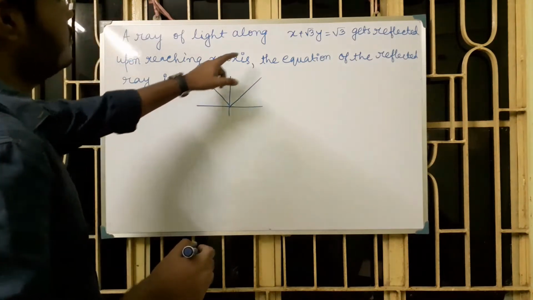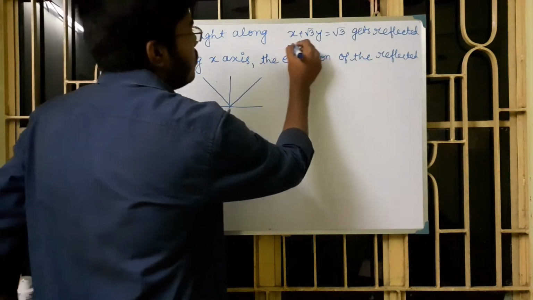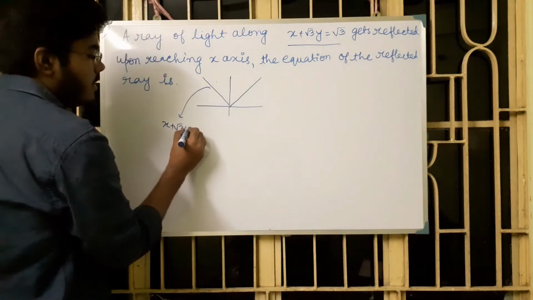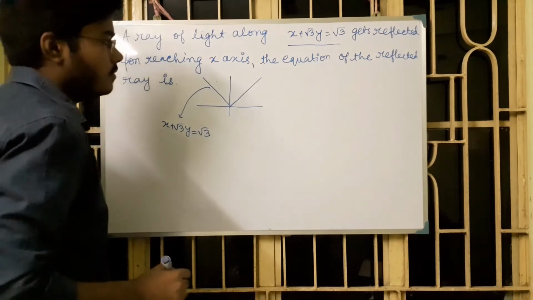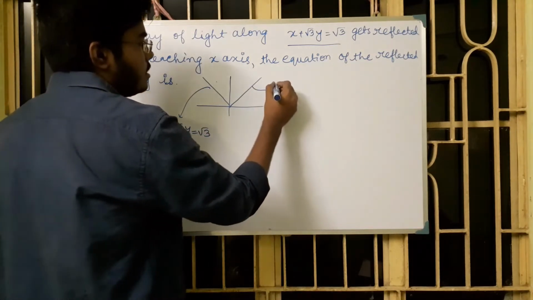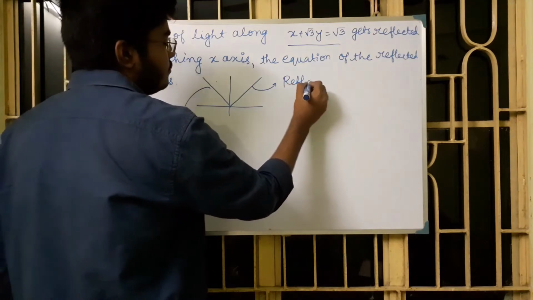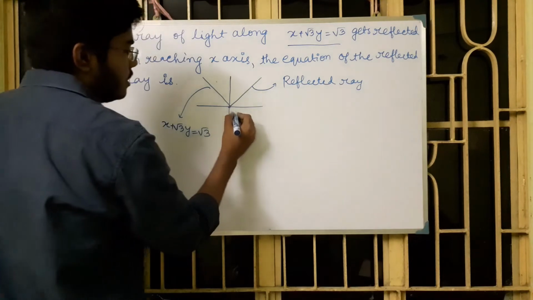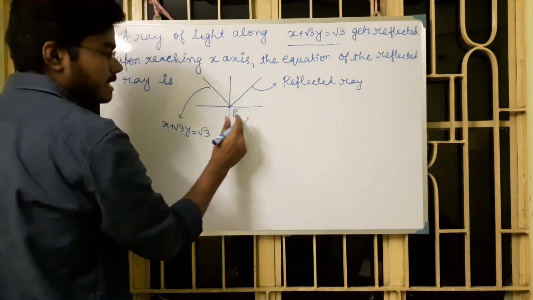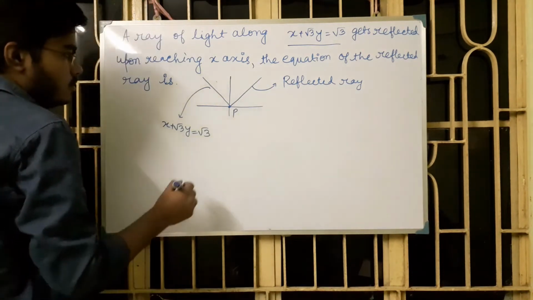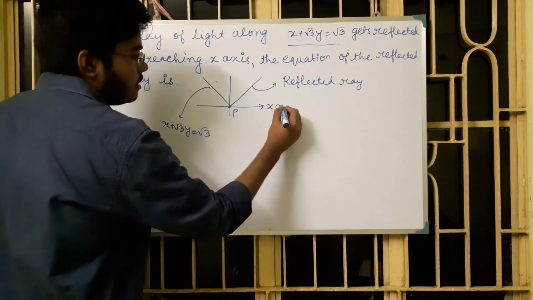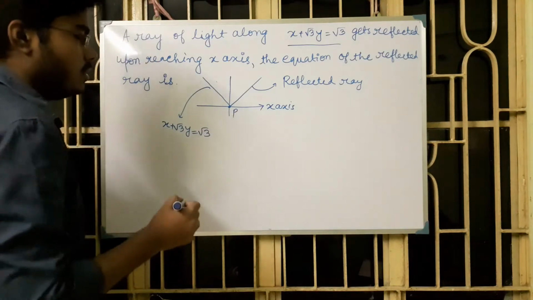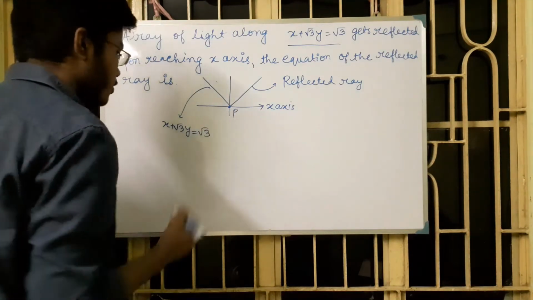This is the incident ray, the equation of the incident ray, x plus root 3 y equal to root 3, and this is the reflected ray, and this is the point of incidence on the x-axis. Upon reaching the x-axis, this is P and it lies on the x-axis, so y equals 0.